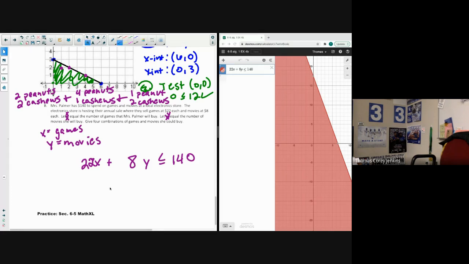So that would be 1 game with 14 movies. So that'd be one for like a movie buff. Say I wanted more games. So if I wanted to buy 5 games, I could buy up to, what's that go up to? 3 movies, right? 5 games, 3 movies.